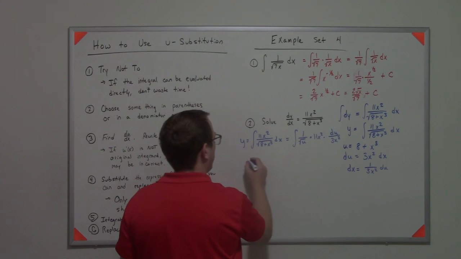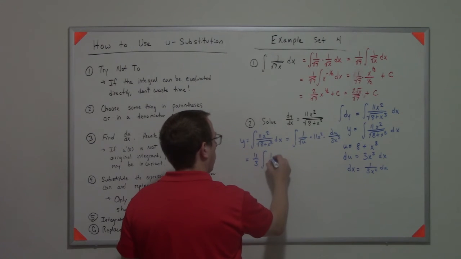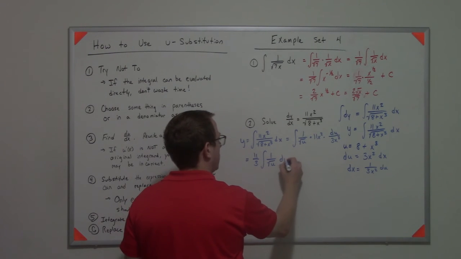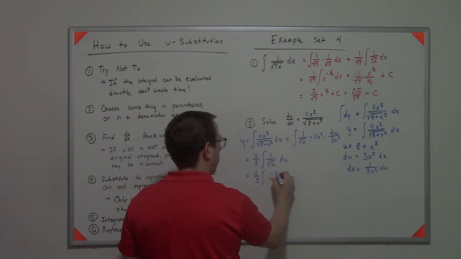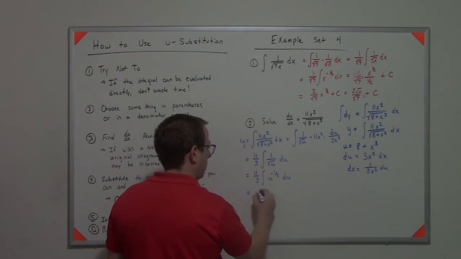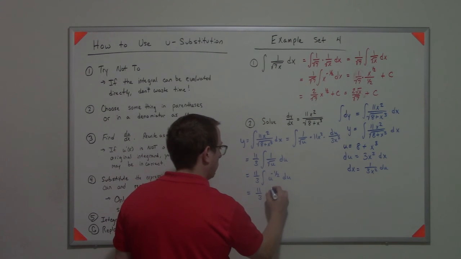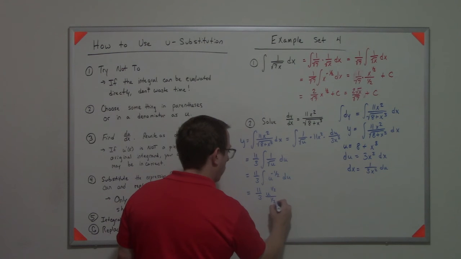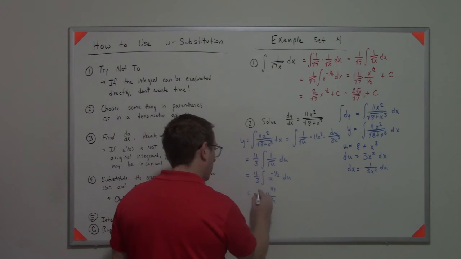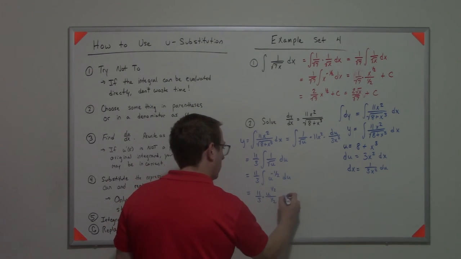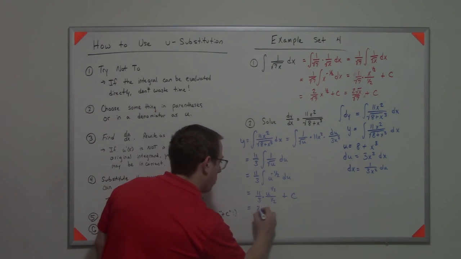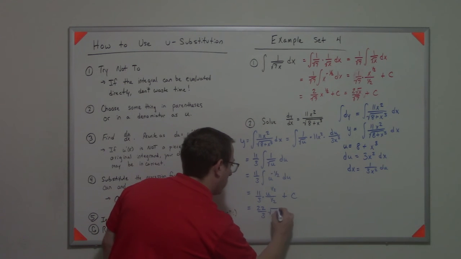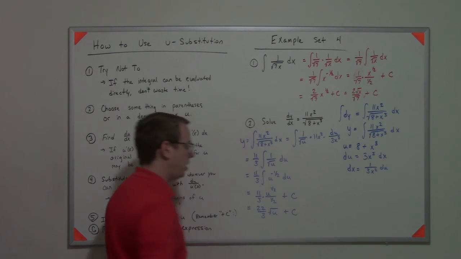So I have an 11 thirds, 1 over the square root of u du. 11 thirds u to the negative 1/2 du. 11 thirds u to the 1/2 divided by 1/2, plus a constant, which is 22 thirds square root of u plus c, right?